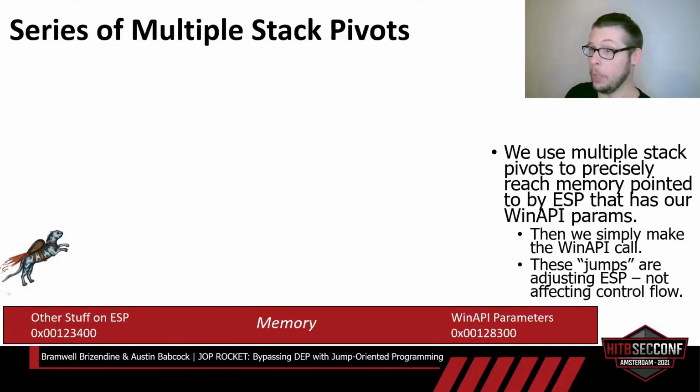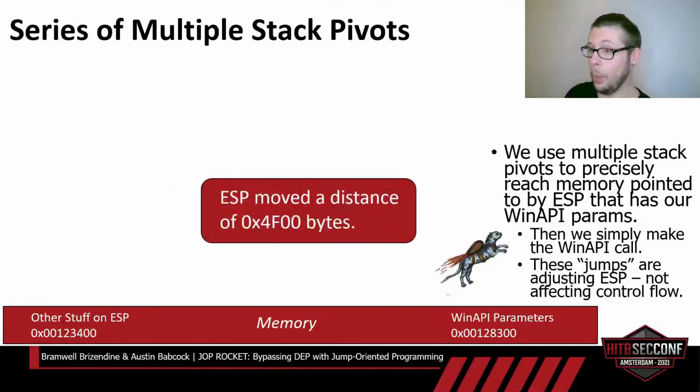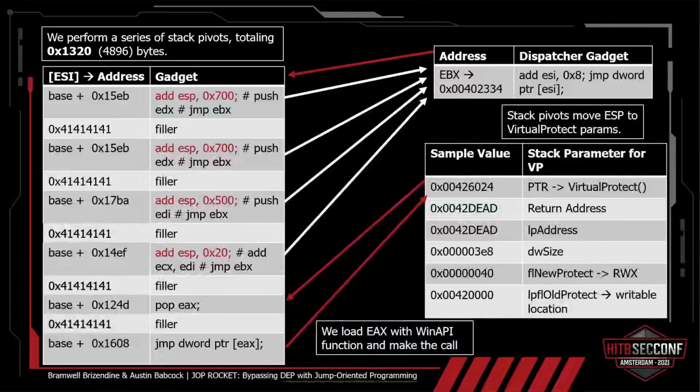And what we can do is we can precisely calculate that amount and do a series of stack pivots, and look, lo and behold, we have reached it. So by precisely figuring out that location, we can adjust our padding and different stack pivots to enable us to get there. So here's another example, a little bit more technical detail.